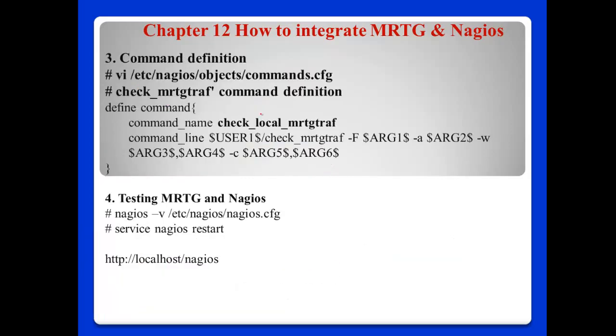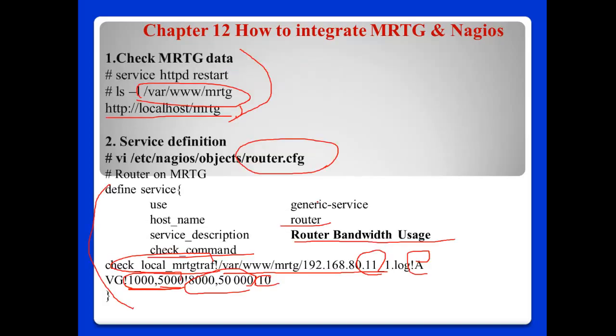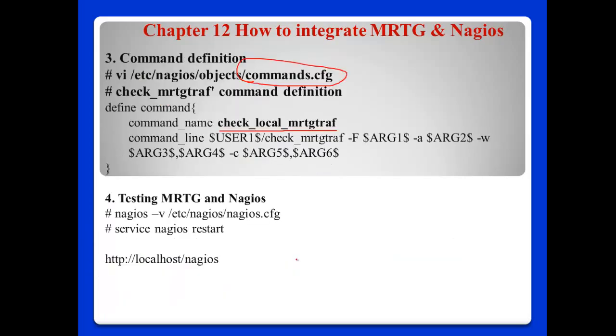And after that, we have to define the command in this file, command.cfg. So here, the command name will be check_local_mrtgtraf. Okay, and after that, this command will have arguments like this.